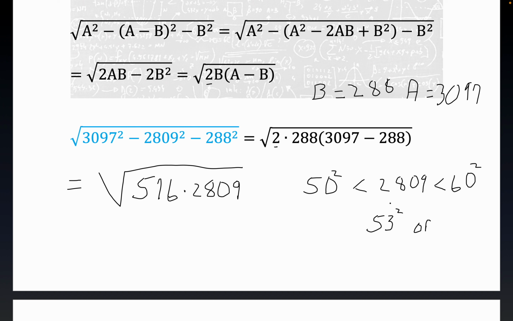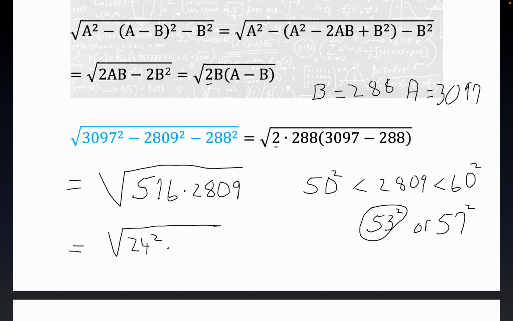This is how you can save yourself a lot of work. You'll probably notice that 57 squared is too large, just almost by mental math. So it turns out that 53 squared is equal to this. And again, you can verify that however you want. But in any event, what we get right here is the square root of 24 squared times 53 squared.